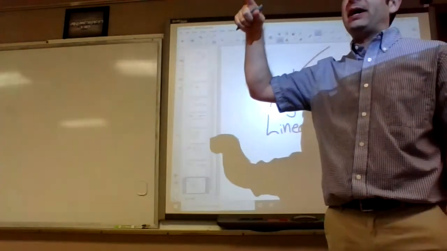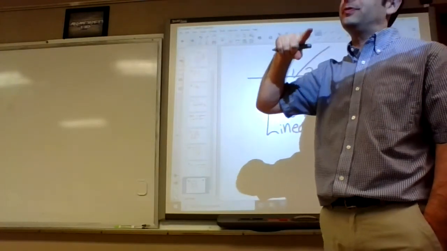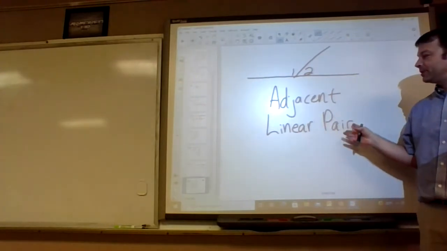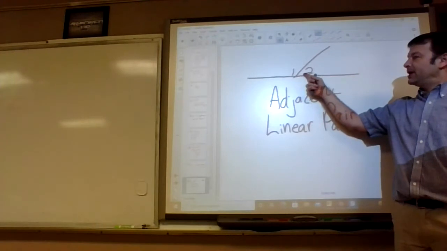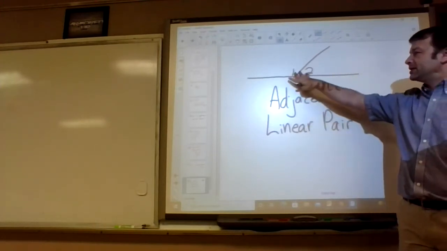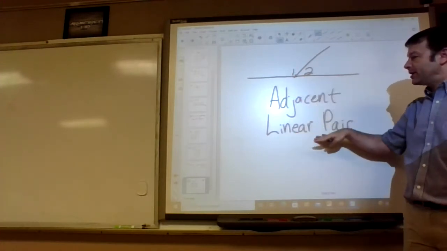The fact that they add up to 180 degrees is a theorem that we could prove. Although I'm not going to take the time to prove all these theorems because I'd be up here for a couple hours. But two adjacent angles that make a straight line are a linear pair, that's a definition.